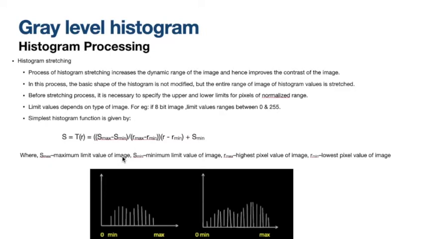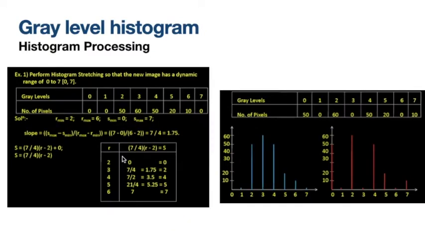We can do a problem so that you understand it better. Here you have to perform histogram stretching so that the new image has a dynamic range of 0 to 7.